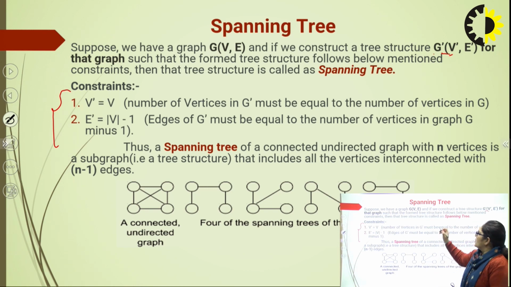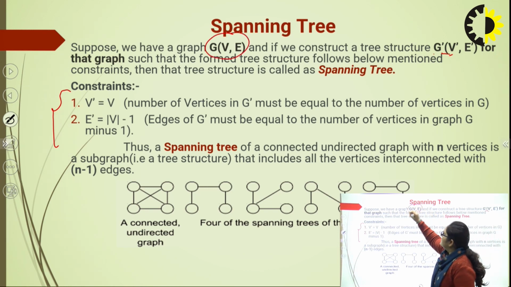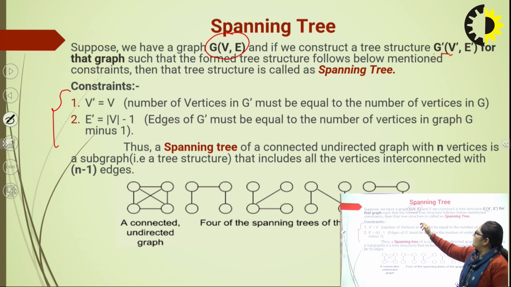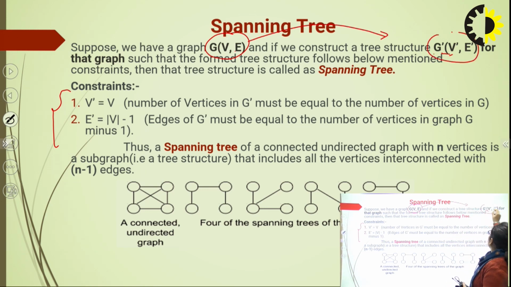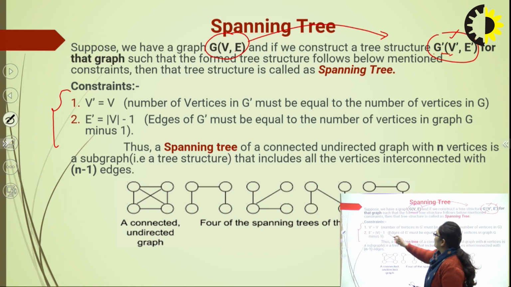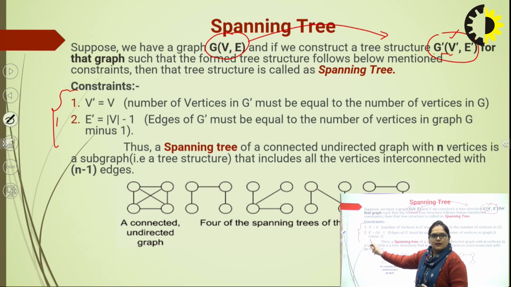You are given a graph G having V number of vertices and E number of edges. For that graph, if you construct a tree which can be represented by G dash having V dash vertices and E dash edges, and if that tree follows these two constraints, then that tree will be called a spanning tree.